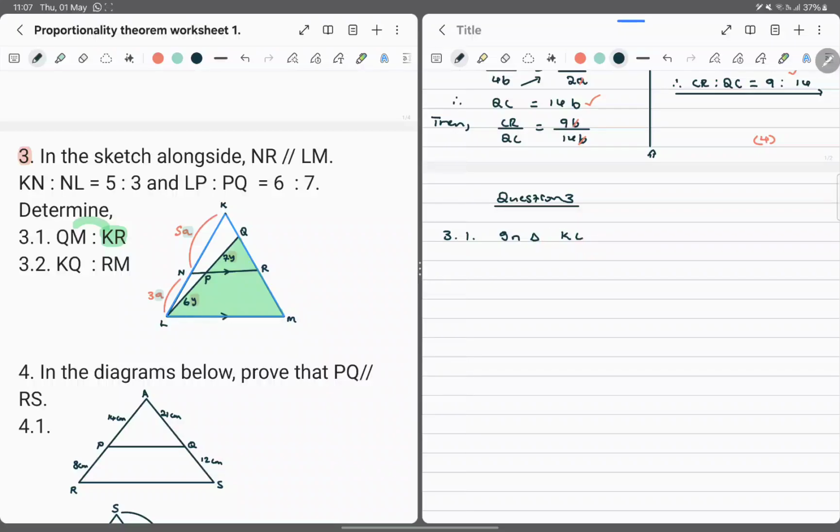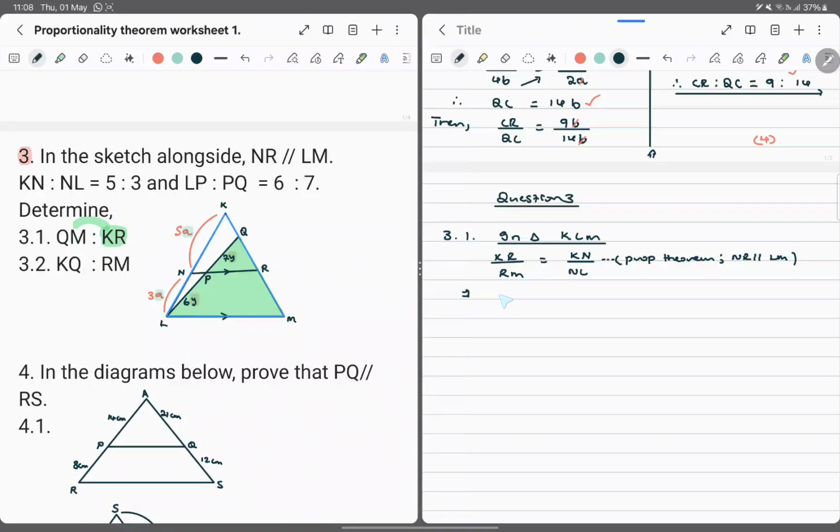In triangle KLM, what do we see in this triangle? We know that our interest is KR, so we say KR over RM is going to be equal to KN over NL. Okay, this is because of the proportionality theorem, and we must always state that it's NR parallel to LM in that particular triangle.